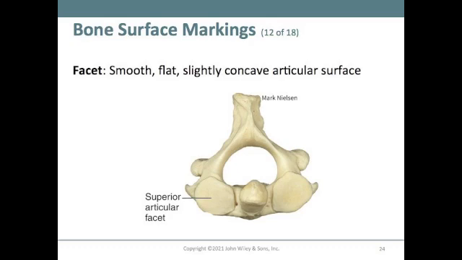Well, there's going to be the discs in between the vertebrae, but that is where it articulates with the discs. So that means that it's touching or coming into contact with something. So when we see articular, we know that that part of the bone is contacting another part, whether it's another bone or a disc or a tendon or something.